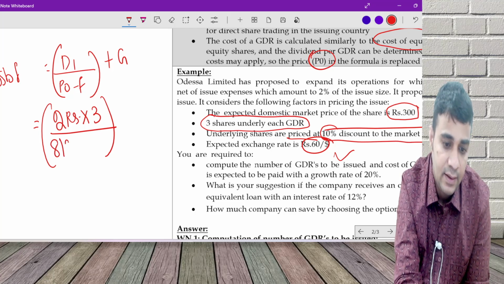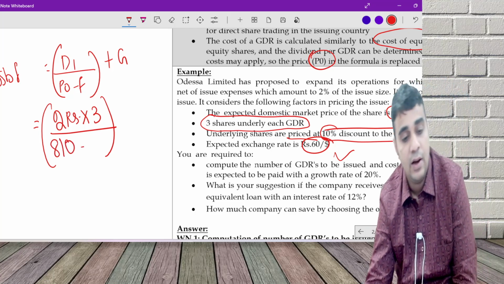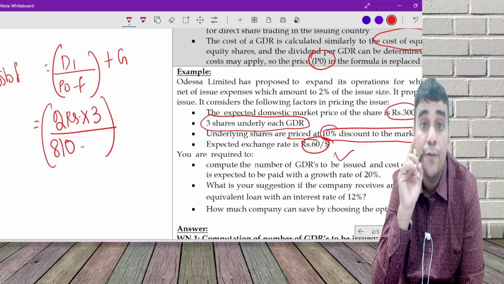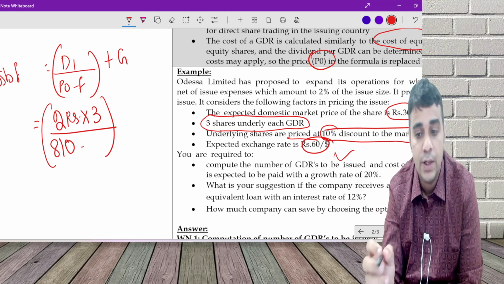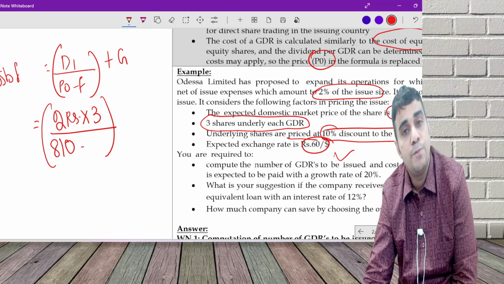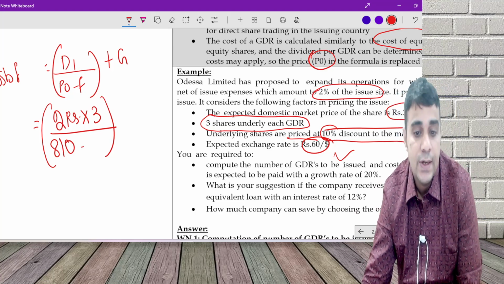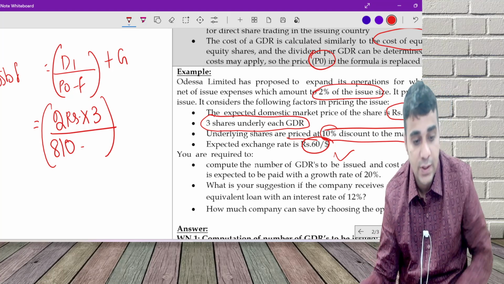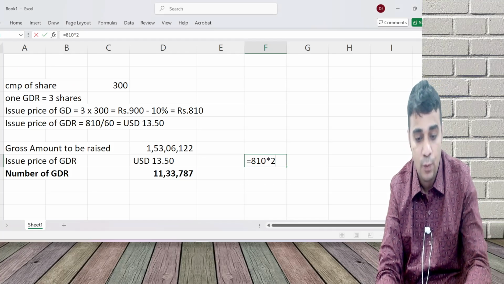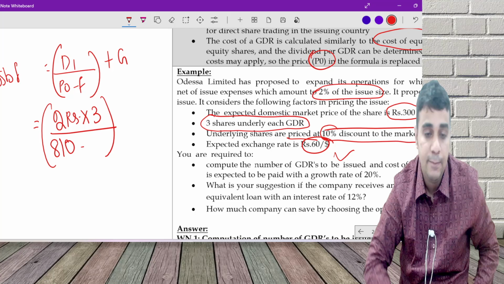It is 810, everything in INR. And what is minus F? Flotation cost. What is flotation cost? 2% of the issue size. Flotation cost is 2% of 810, which is 16.2.